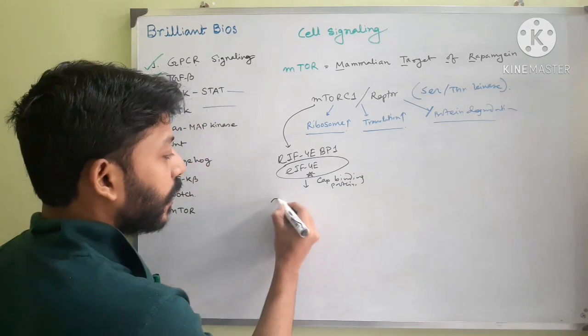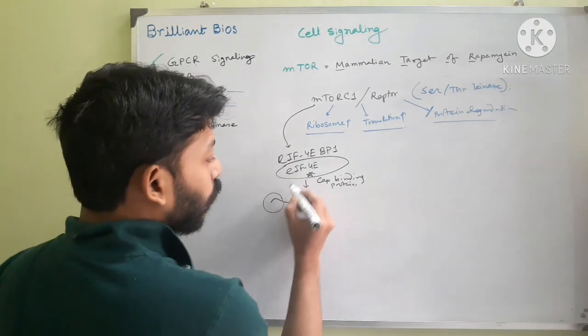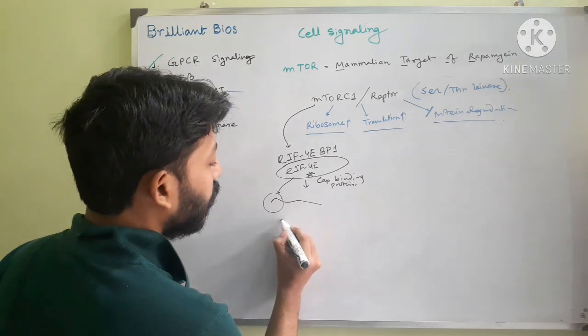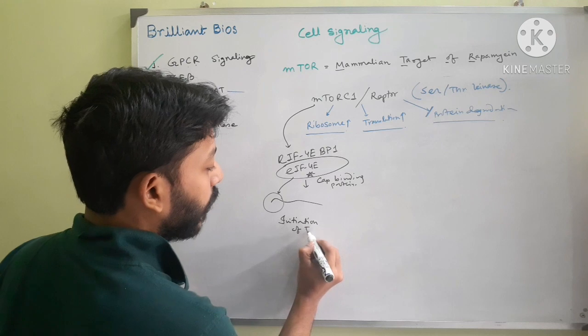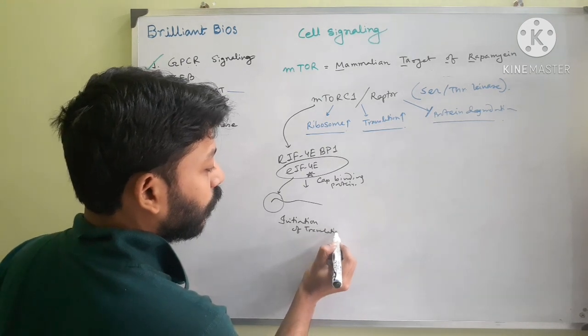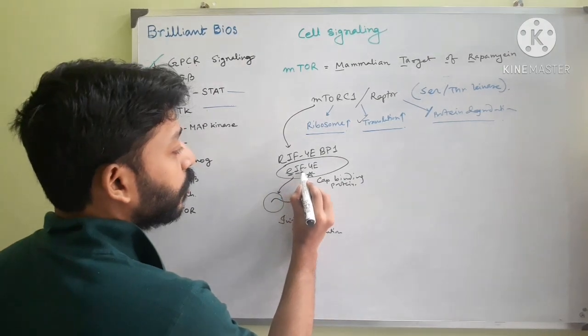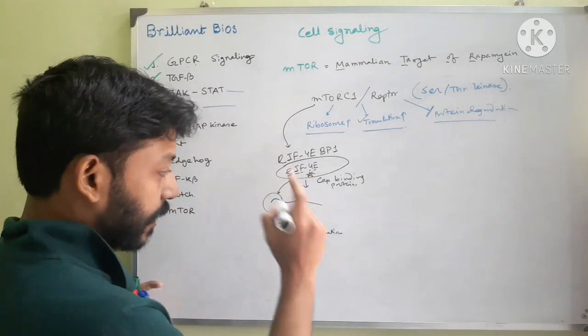We know that in the mRNA there is a cap-like structure. When this protein binds with the cap structure of the mRNA, it helps in the initiation of translation. This is why it is called eukaryotic initiation factor 4E, which binds the cap and initiates translation.